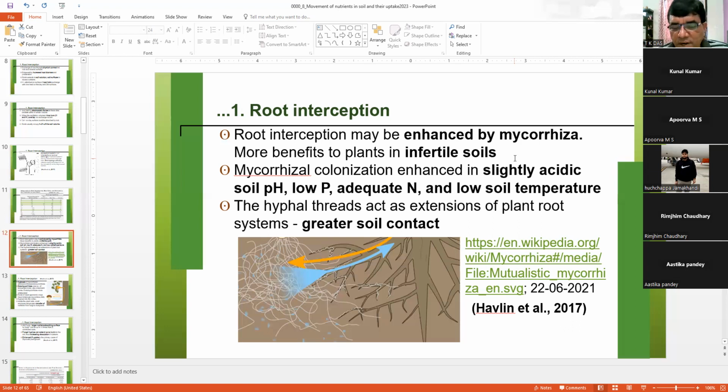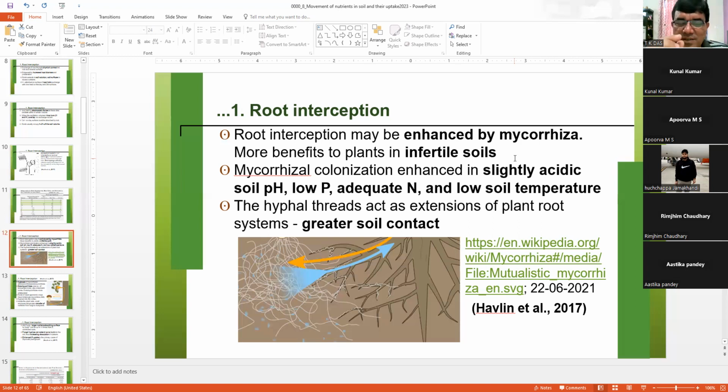This exchange of nutrients happens in which part of the mycorrhiza? See, they will exchange nutrients, and water will be provided by mycorrhiza to the host, to the plant, and the host will give it carbohydrates for its development.